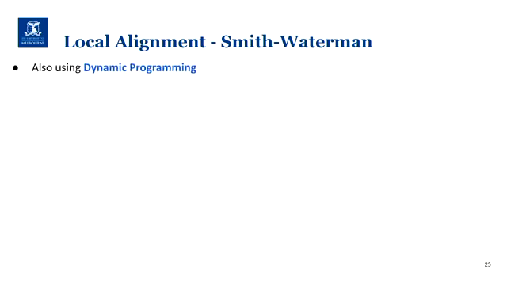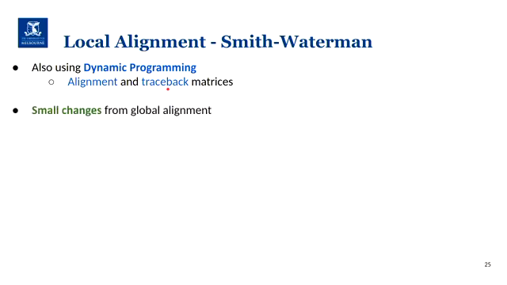So basically, Smith-Waterman will also use dynamic programming to solve the alignment problem. And we'll also use two matrices, the alignment scoring matrix and the traceback or backtrack matrix. And it basically has two main changes from the global alignment algorithm. One of them is we're going to this time initialize gaps with 0 penalty.